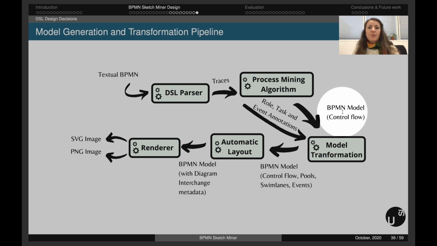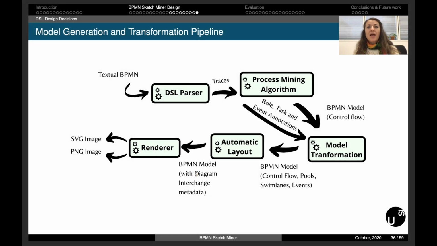Then the annotations are used in order to determine whether some of those nodes need to be tasks or events, and in order to place the nodes in the corresponding swim lane depending on the role annotation. Then a layout algorithm is used to create the layout of the graph and to add metadata so that standard BPMN XML can be used.